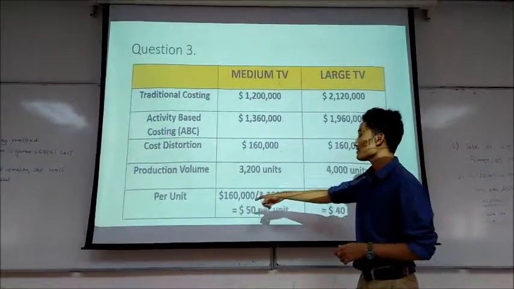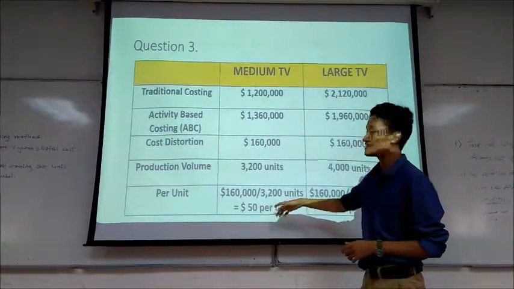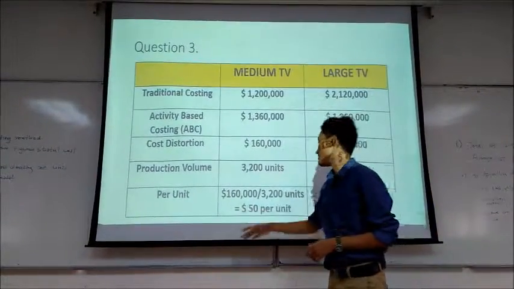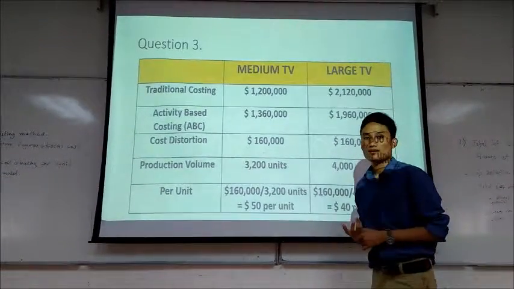That is 160,000 divided by 3,200 units, and then you get $50 per unit for the medium TV.